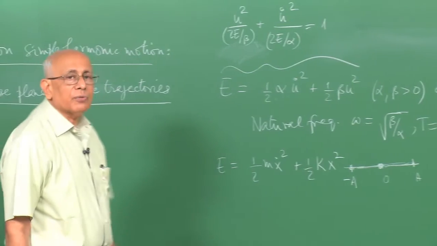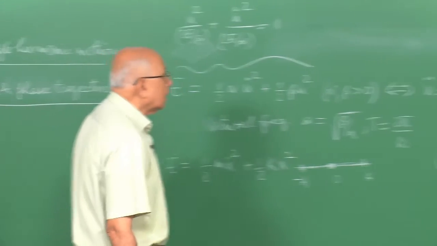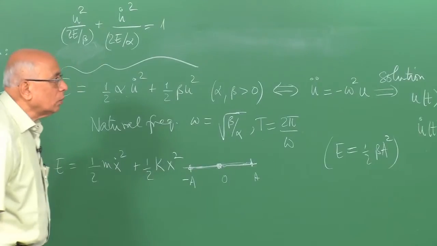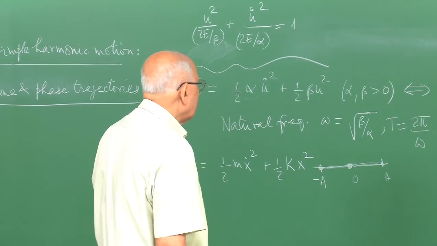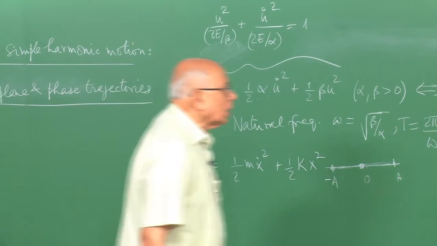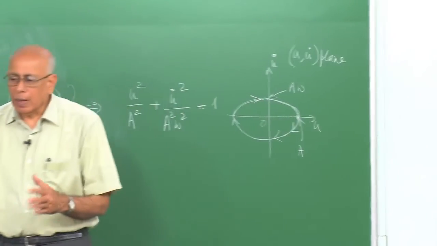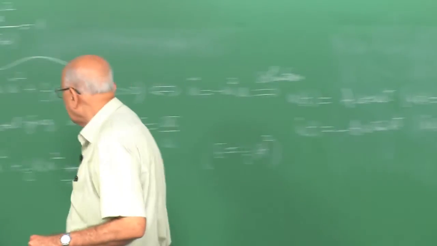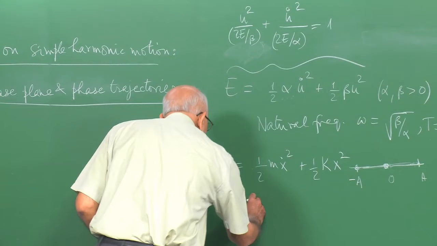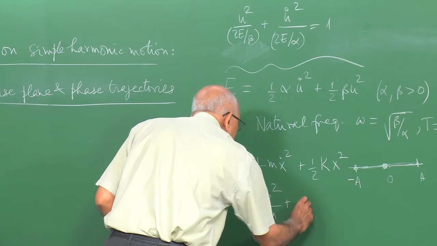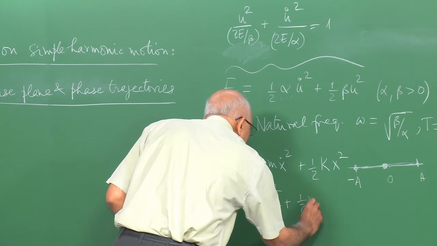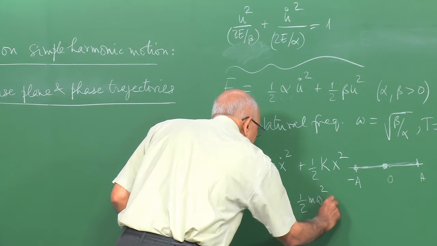This ellipse is called a phase trajectory, and this plane is called the u dot phase plane. It is called the phase plane. It is customary actually for technical reasons to plot not u versus u dot in many cases, but if it is a particle moving, for example, along the x axis, then it is convenient to write this energy in terms of the momentum, p squared over 2m plus 1/2 m omega squared x squared.